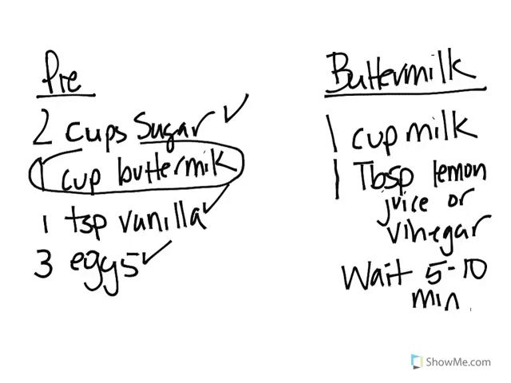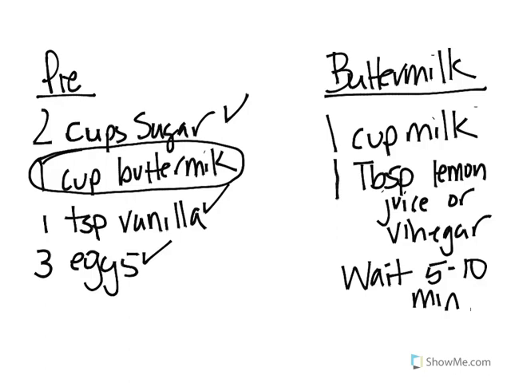I'm like, oh no, what can I do about that? So I went out onto the internet, and I found out that there's a substitute for buttermilk. If you take 1 cup of milk and add 1 tablespoon of lemon juice or 1 tablespoon of vinegar and wait 5 or 10 minutes, you can use that in place of buttermilk.